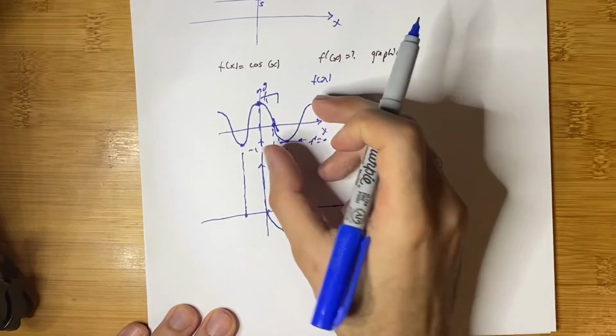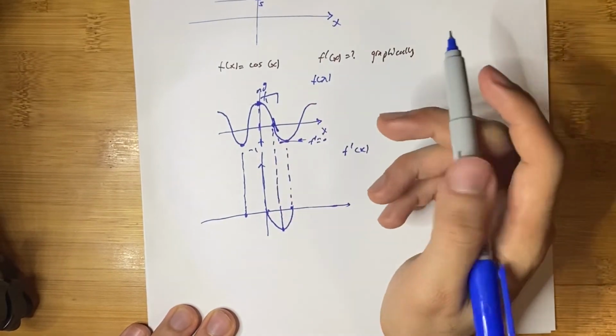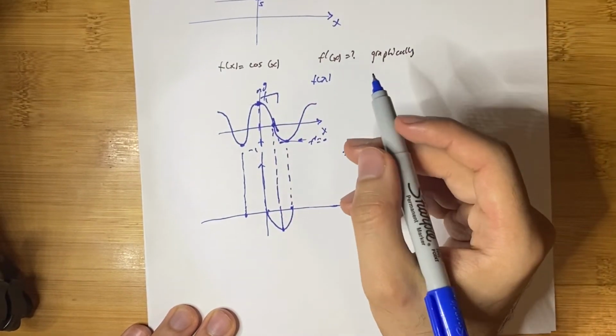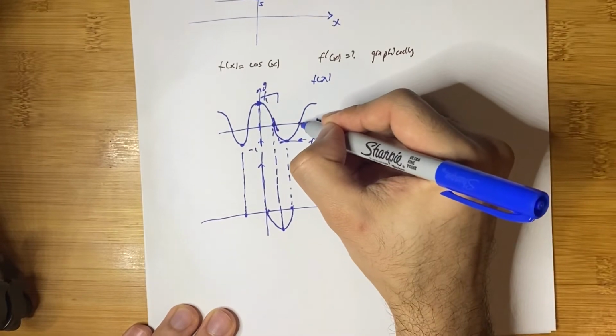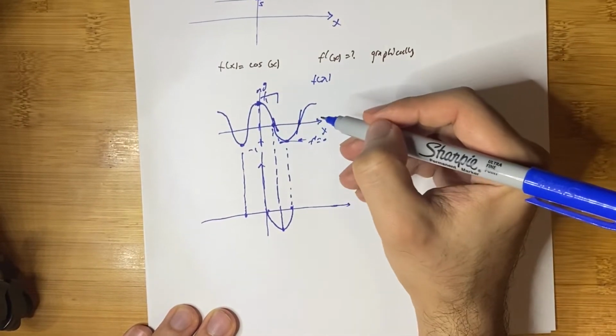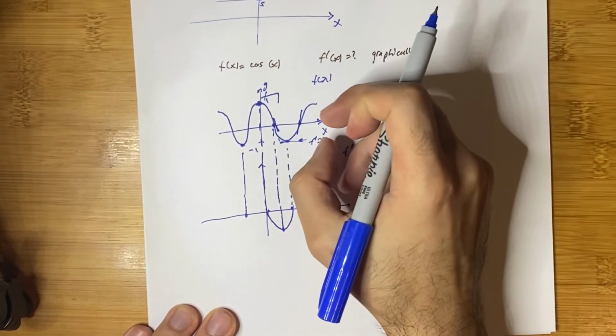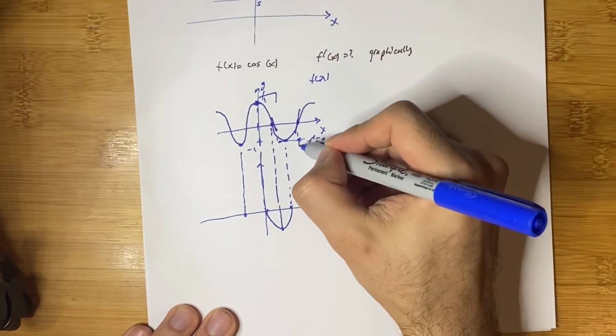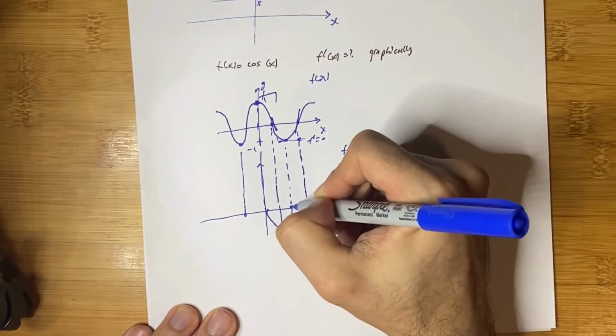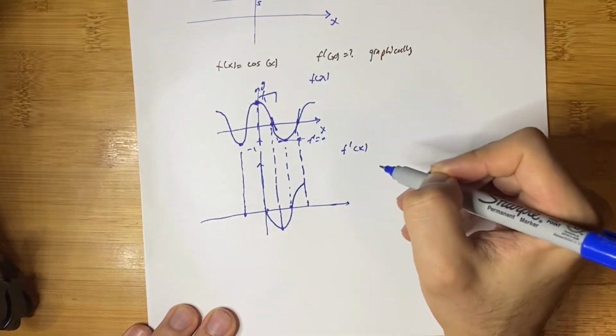And then from here to here, it's going to be positive, okay? But again, here the slope is the steepest, so the highest positive. So if we translate here, it's going to be something like this.